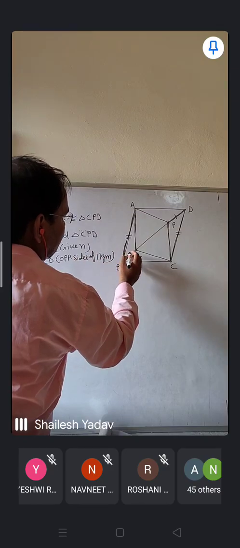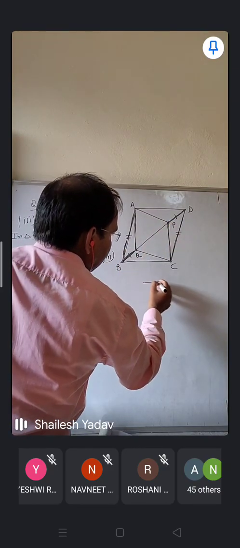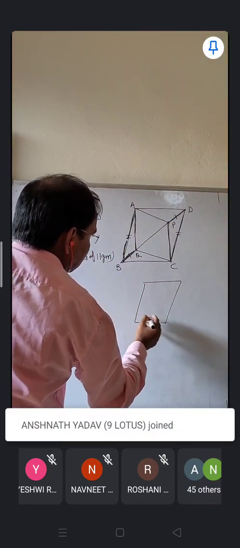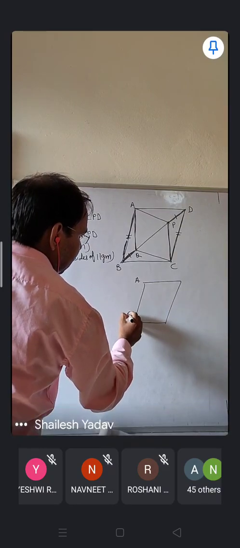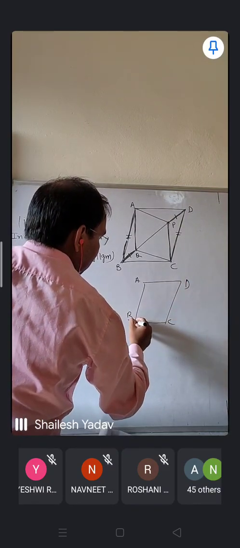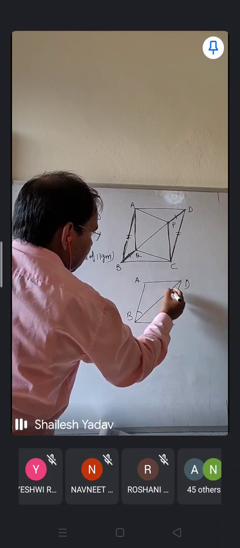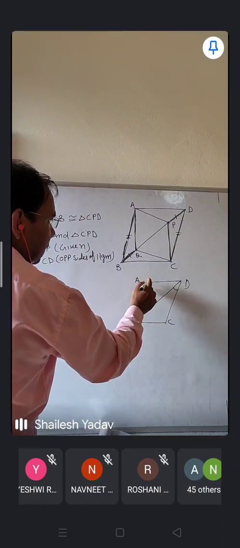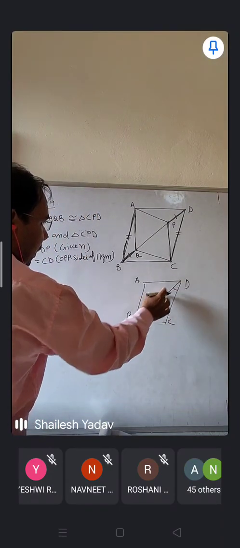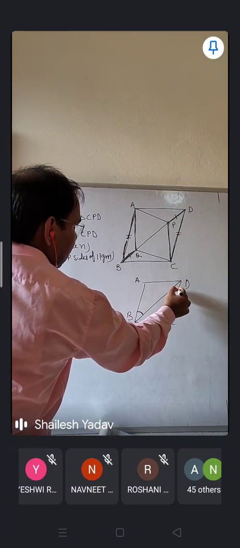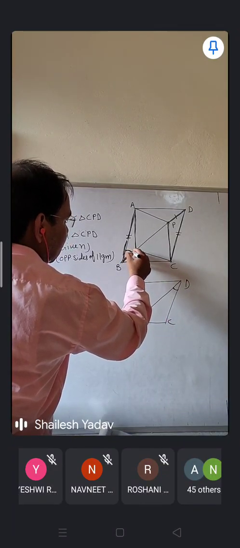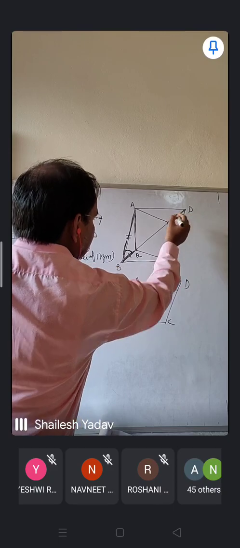For the third, suppose the parallelogram is like this, A, B, C, D, and if you join this, these are the alternate interior angles. If these two lines are parallel and one line is intersecting, then these two are alternate interior angles. So this angle and this angle are alternate interior angles.